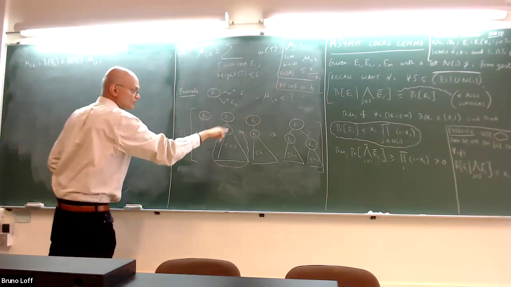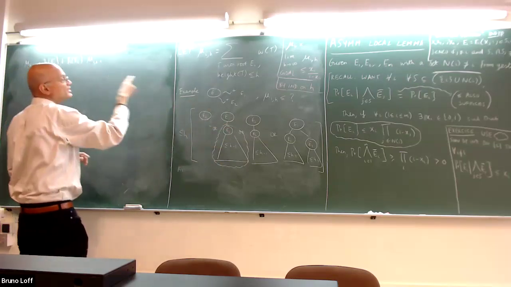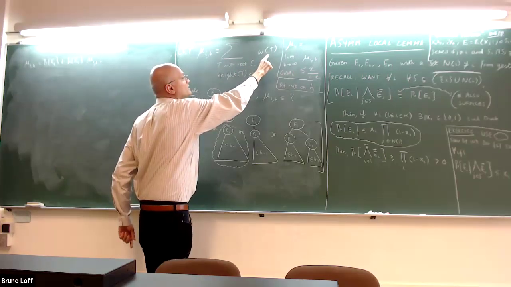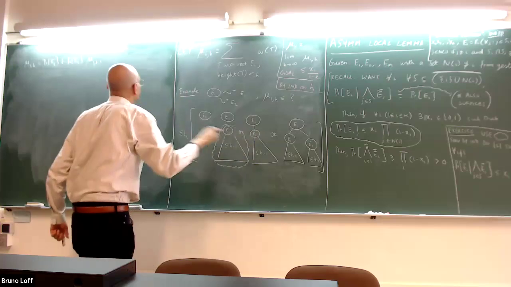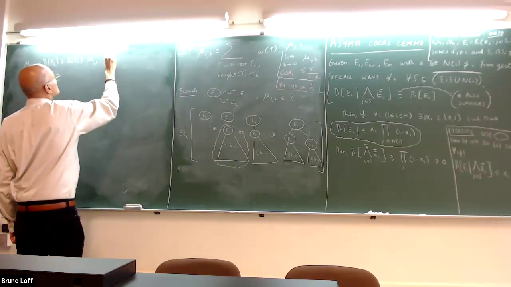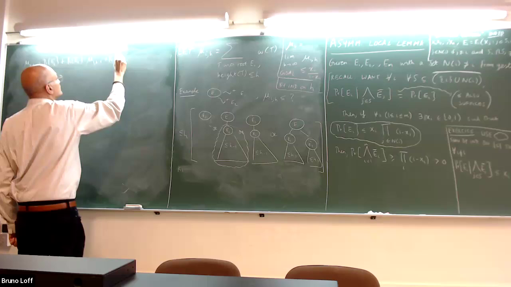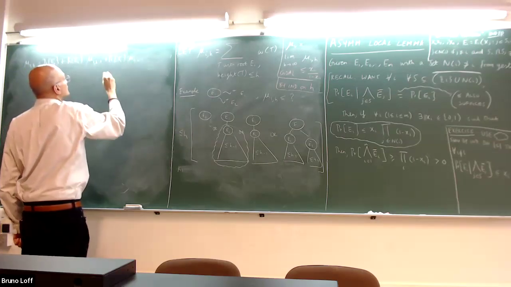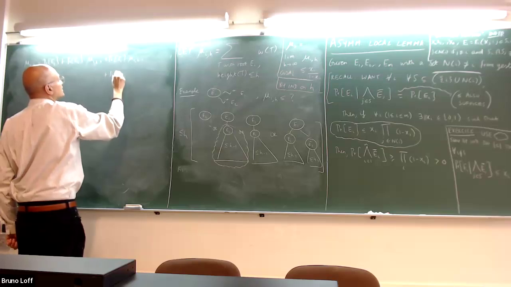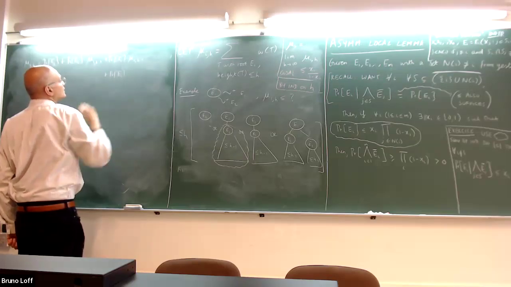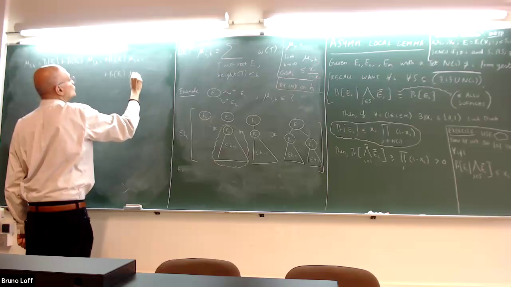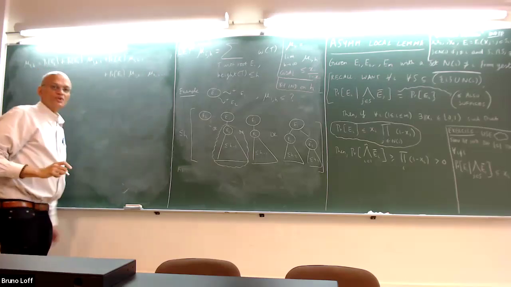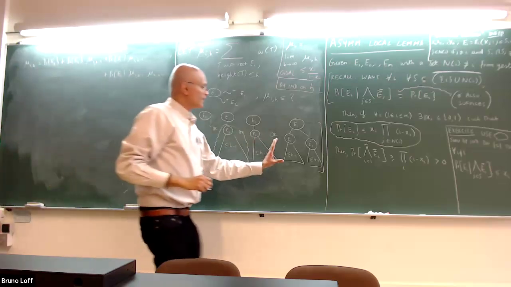Similarly, since the weight of a tree is the product of all the probabilities of all the nodes, you will get this plus the probability of E1 times mu2 comma h minus 1, plus the last tree, which in fact cannot appear, which would give you mu1 comma h minus 1 times mu2 comma h minus 1. Because here you have to multiply all these.